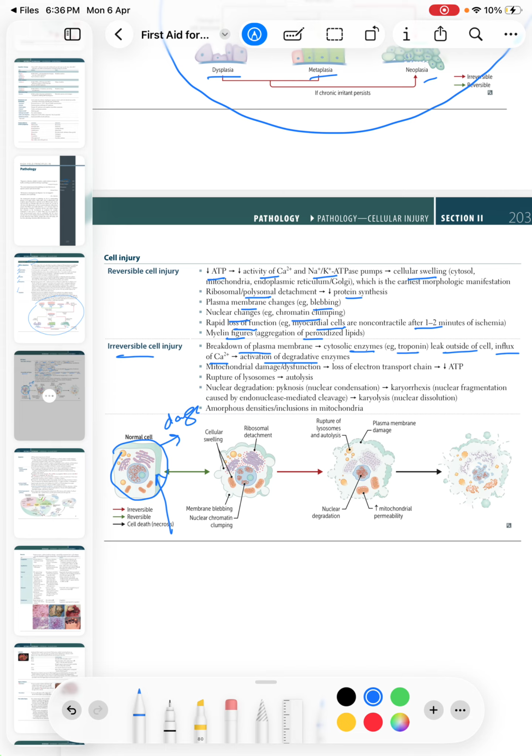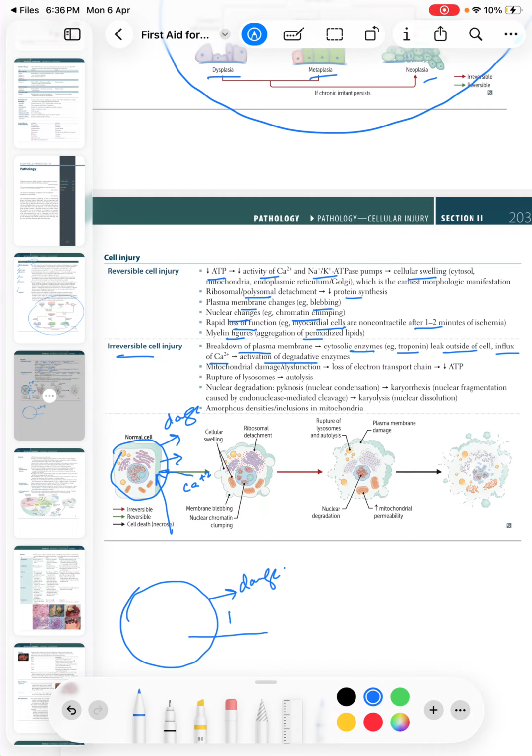And how does it occur? The cytosolic enzymes, for example the troponin enzyme inside the cells, leak outside of the cells, and the influx of calcium occurs inside of the cells. This leads to the activation of degradation enzymes. For example, this is the cell membrane, and here damage of the cell membrane occurs.